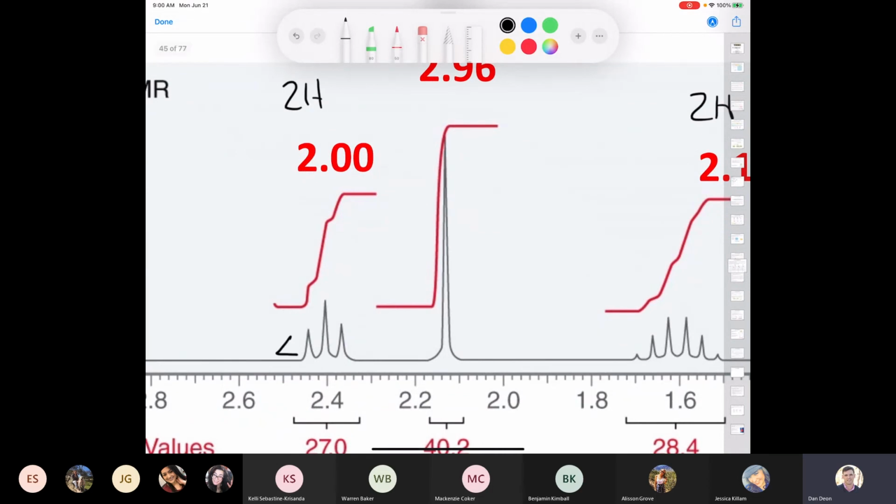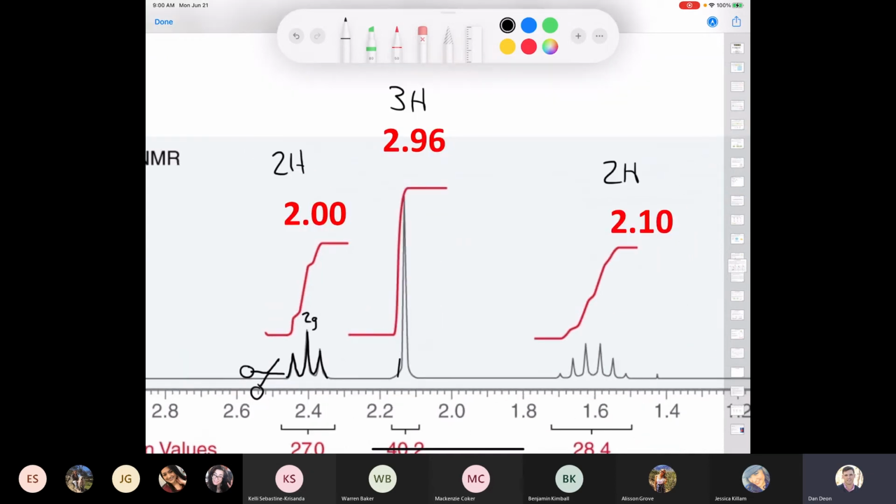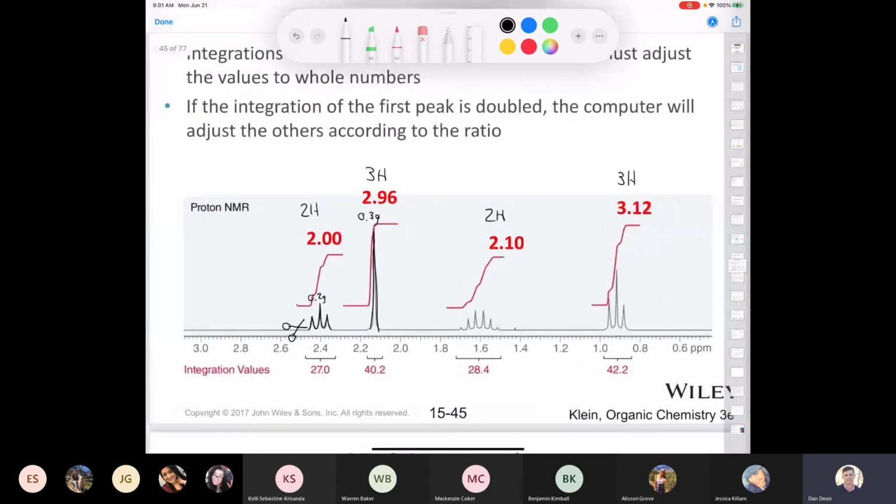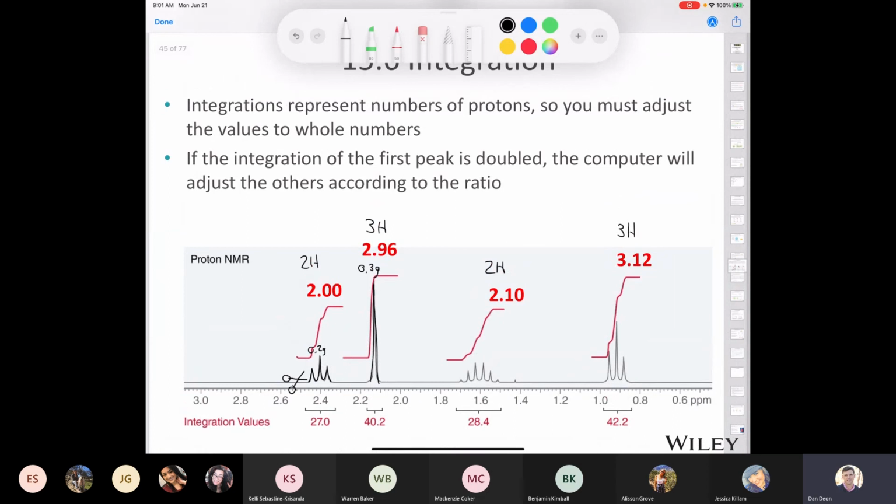And he said, I'm not kidding you, we would literally take a pair of scissors and cut the peaks out and weigh them on a balance. You'd physically weigh the paper and say, okay, this weighs 2 grams, which is impossible, but you get my drift. And then you'd cut this peak out, and say the weight is around 3 grams. Again, that's way too much. Let's say it's 0.2 grams to 0.3. And he said, that is how we figured out the integration. And I was like, this is why I'm glad I wasn't alive then. That would have been hell. And he's like, well, it wasn't easy, but that's what we did.